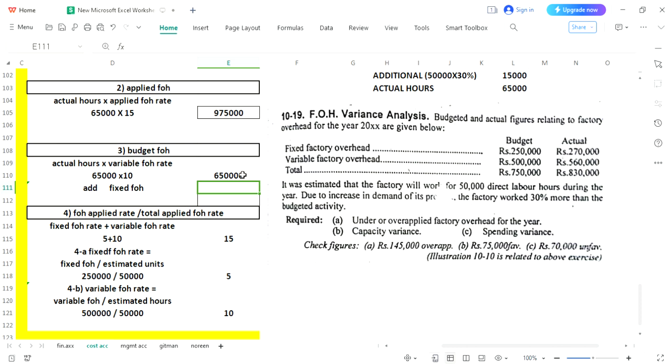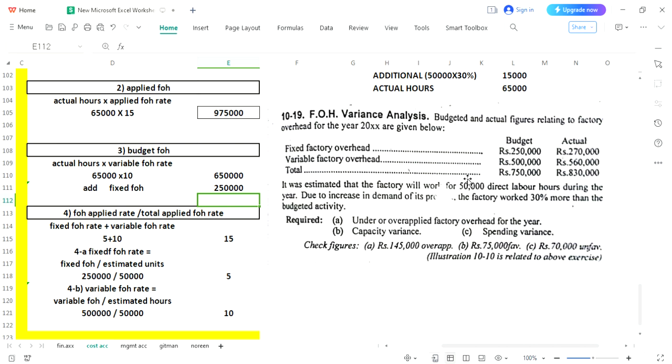So you have got your actual hours multiplied by variable FOH rate, and then you are needed to add fixed FOH. So here is your fixed FOH, 250,000. You will always use your old fixed FOH. So 250,000 is your fixed FOH, and this way you will be calculating your budget FOH.